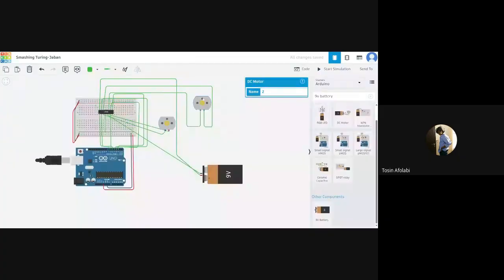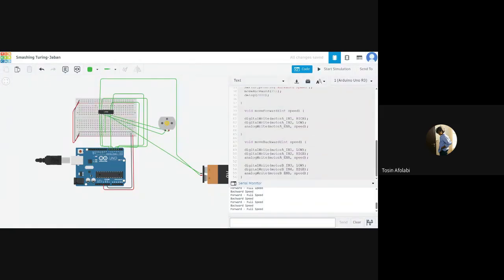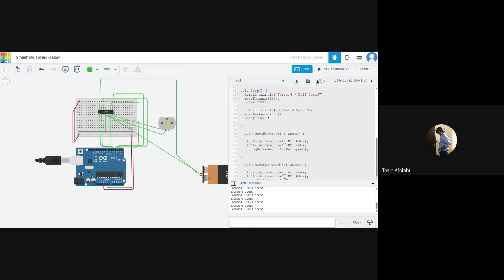Let's see if I try to delete this entire lineage. Go to the code and delete everything related to Moto2. Just delete it. Delete it.